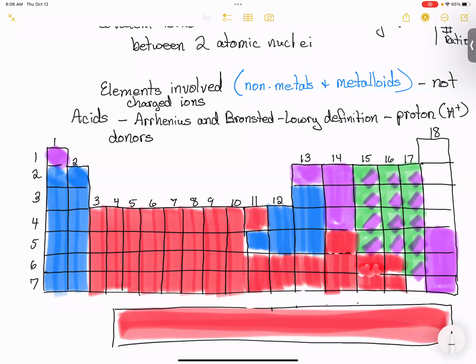The rest of it is purple. Why? What is the purple about on this one?